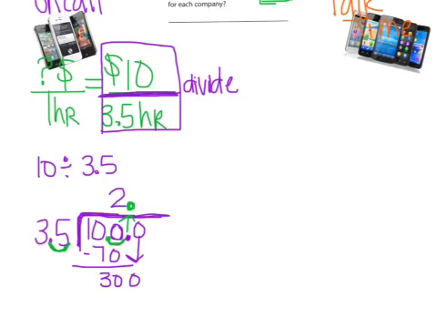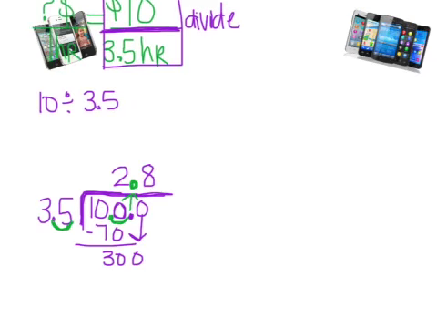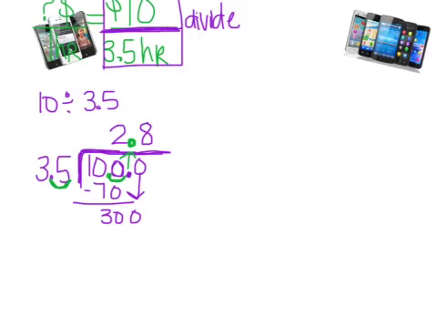I'm going to try 8. On some scrap paper, I figure out what that equals. It's 280. When I subtract that, I get 20. I still don't have 0 as a remainder, so I'm going to add another 0 and keep dividing.